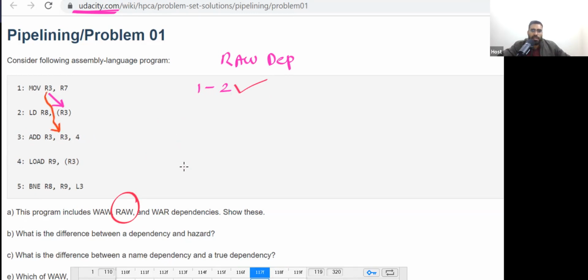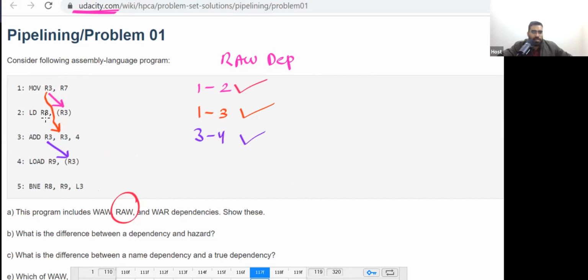So I can say 1, 2, 3. This is also a RAW dependency because you are also reading this value here. But is this a RAW dependency? Simple question. No, this is not a RAW dependency because here you are writing. Now this is a RAW dependency: 3 to 4 we have a RAW dependency.